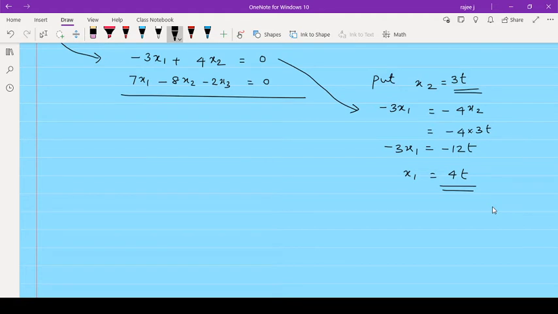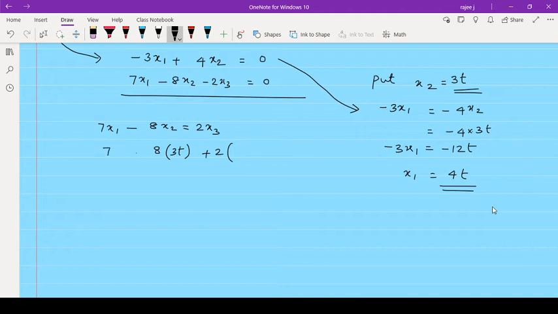Now from the second equation, 7x1 equal to, taking this to the right side, 8x2 plus 2x3. So that is equal to 8 into x2. What x2 did we take? 3t. Plus 2 into x3. Sorry, x1 you got, we need x3 from here. So 7x1 minus 8x2 equal to 2x3, because we have x1 and x2 here.